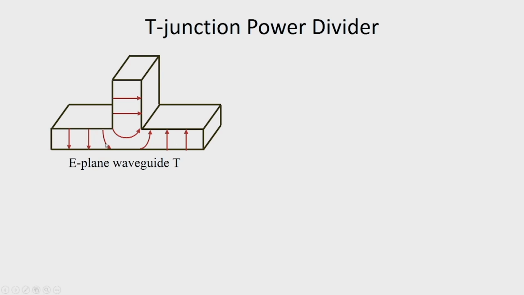But the nature of coupling is such that they are in opposite phase. So, they will have equal power, but we will have a phase shift between the two ports. So, this type of T junctions are called E-plane waveguide T.